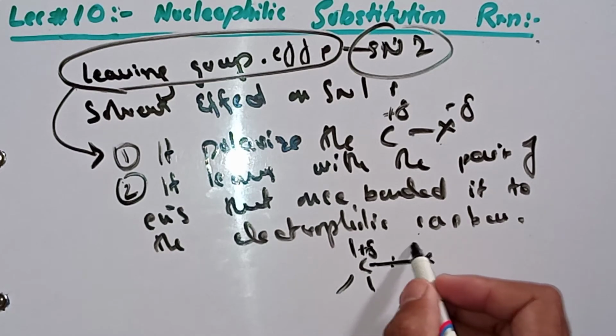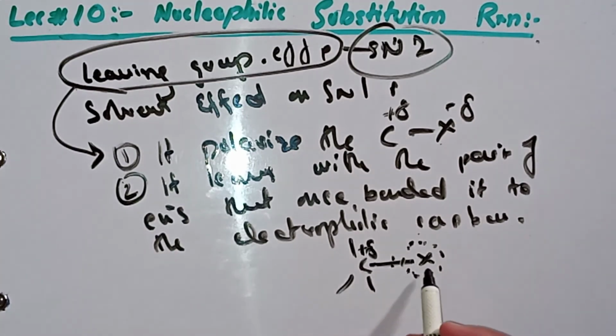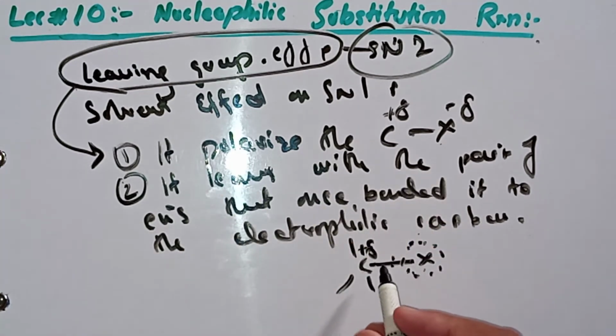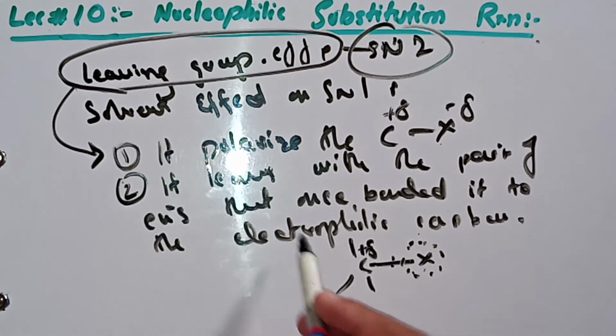So this is the leaving group. Its first purpose is to polarize the bond, so that the carbon becomes electrophilic.